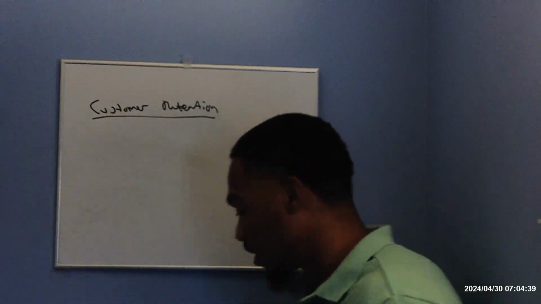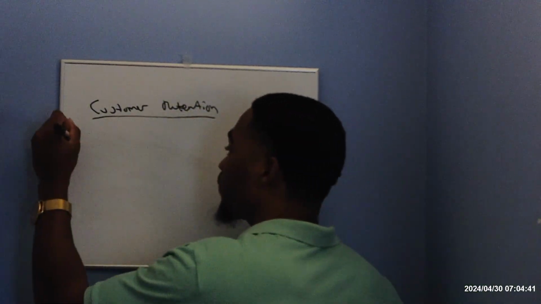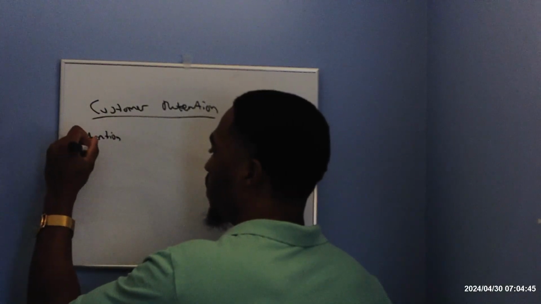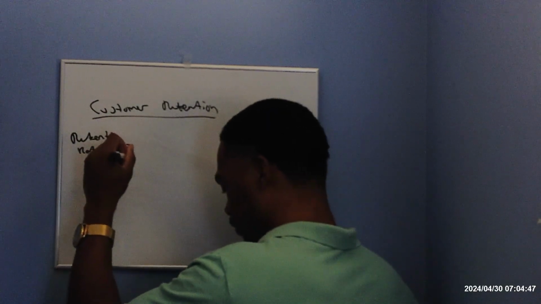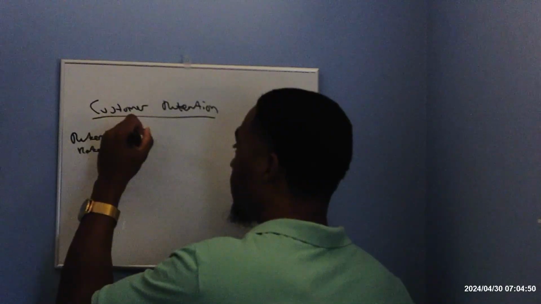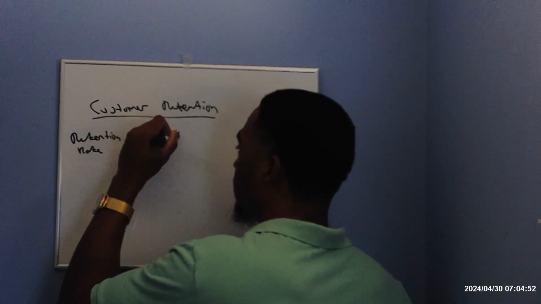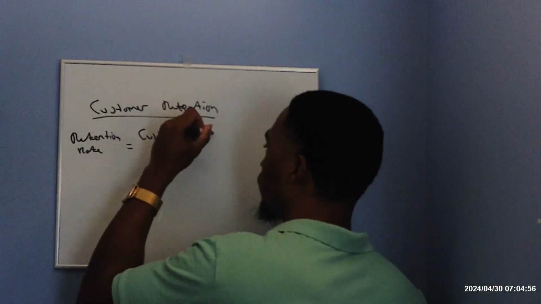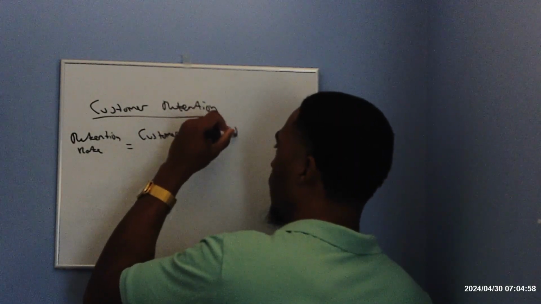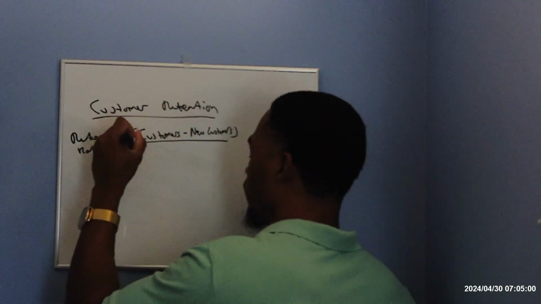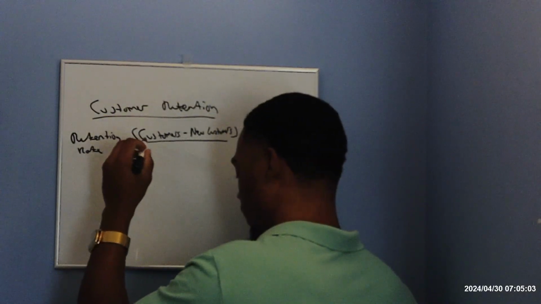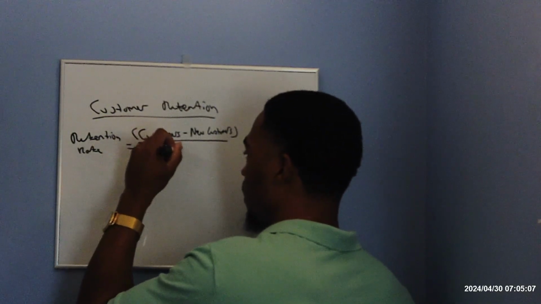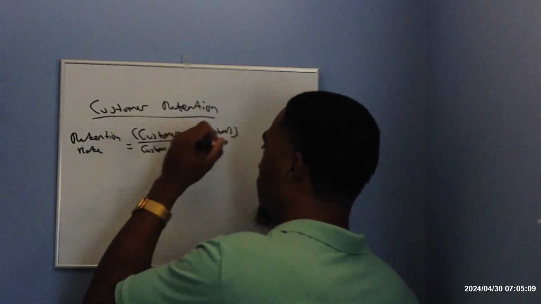Keep it flowing. And so the retention rate is your customers at the end of the period, so let's say customers at the end of the month, minus new customers, over customers at the start, times 100.